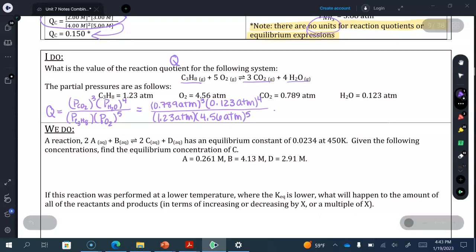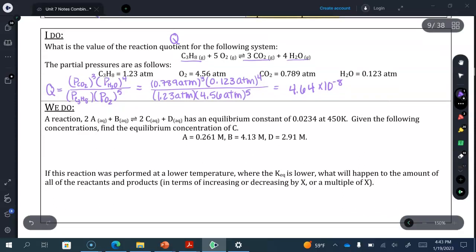So now we use a calculator to solve for Q, and you should get 4.64 times 10 to the negative 8. Please remember that Q and K do not have units.